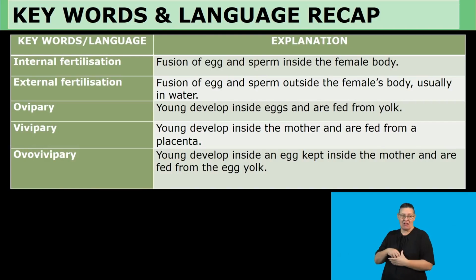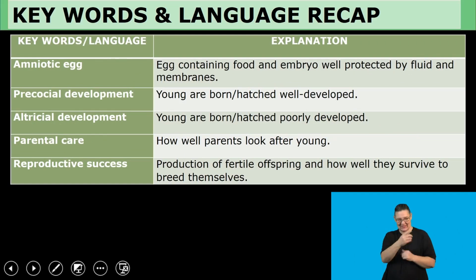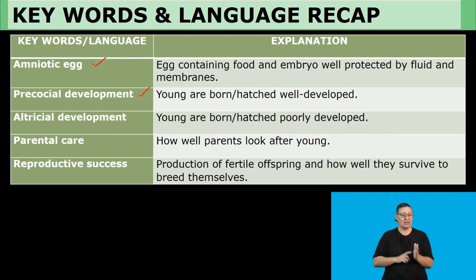Internal fertilization, external fertilization, oviparity, viviparity, ovoviviparity. By now, everybody can sing the definitions out, I know. And we have also looked at the amniotic egg, precocial development, altricial development, parental care, reproductive success.